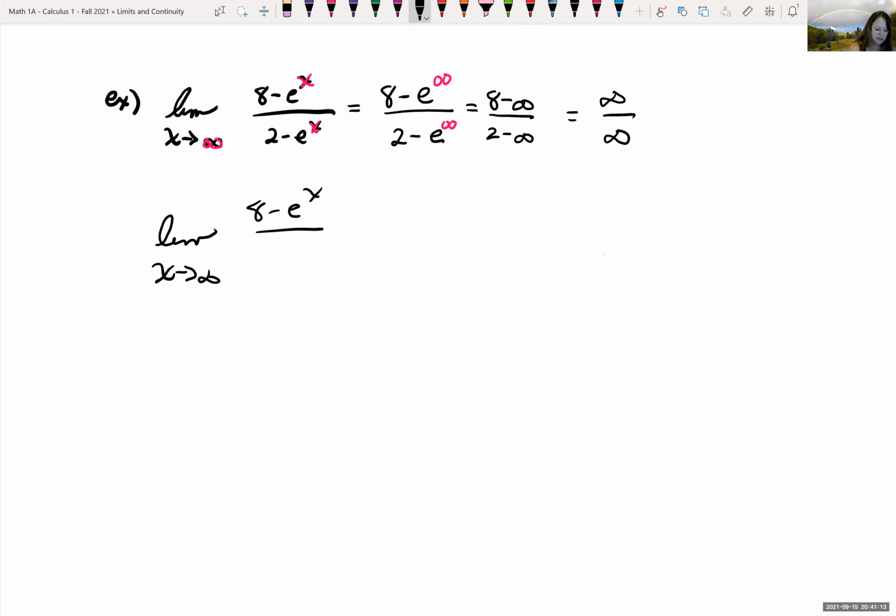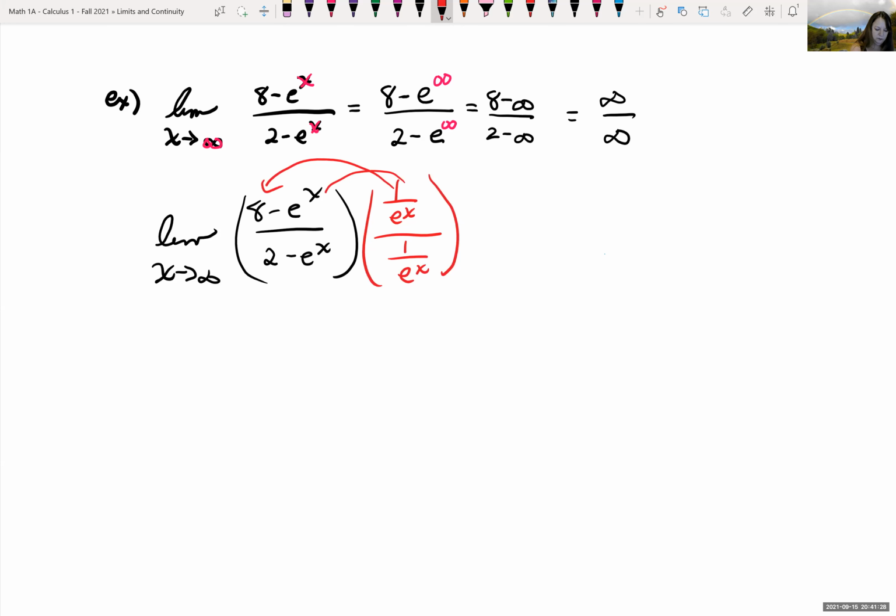And so let's distribute that 1 over e to the x to each term in the numerator and each term in the denominator. And while I do that, I'm going to simplify.